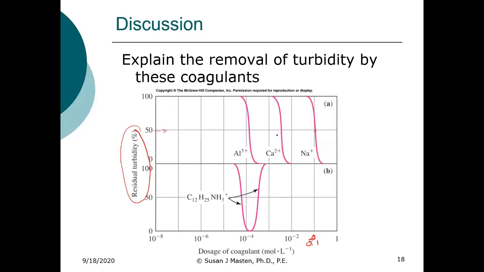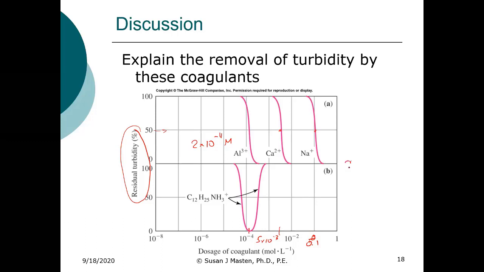For calcium, we're right in this range here, so maybe 5 times 10 to the minus 3 molar. For aluminum, we're right in this range, so maybe about 2 times 10 to the minus 4 molar. So you can see we need much less aluminum than we did calcium and then sodium.